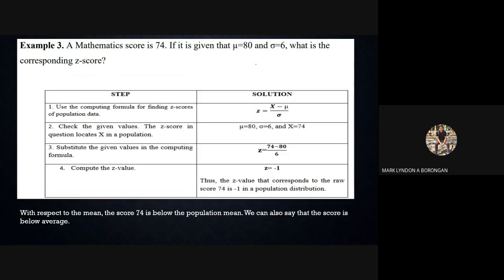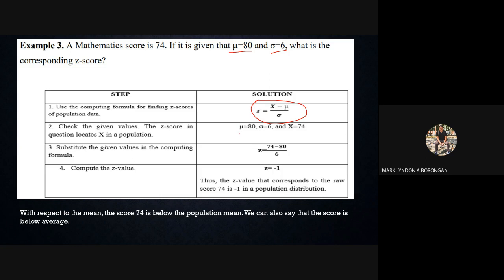So another example, na kay mathematics score is 74. So if it is given that mu is equal to 80, so ang mu na to is ang mean ha, mean or average. Ato ang sigma is called the standard deviation. So what is the corresponding score? So again, we will use the same formula, and then identify na to kung unsa ang mga given values.